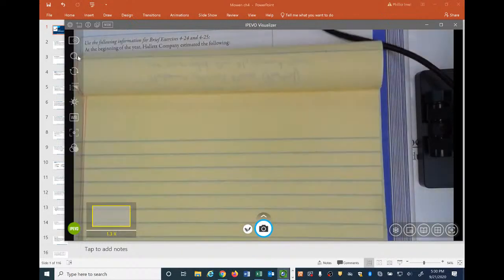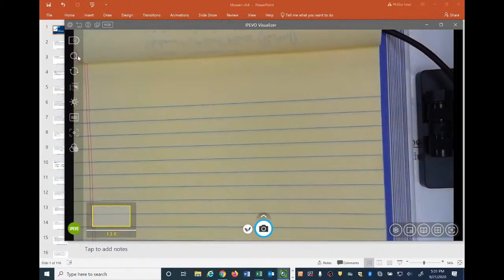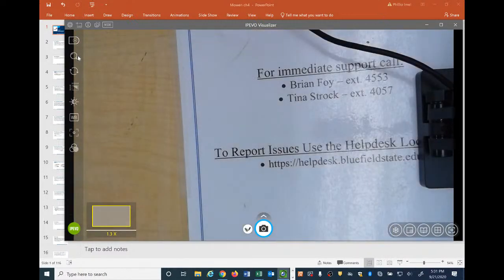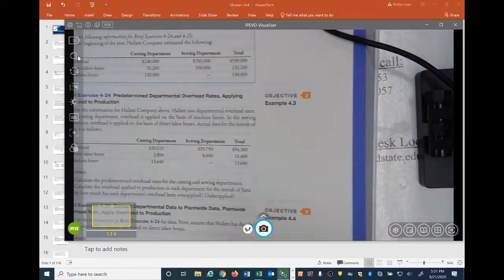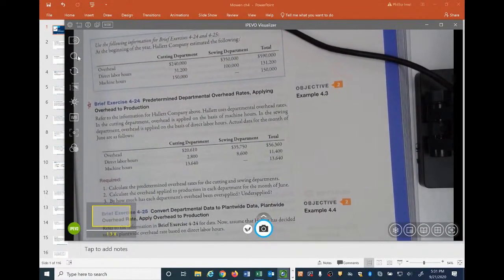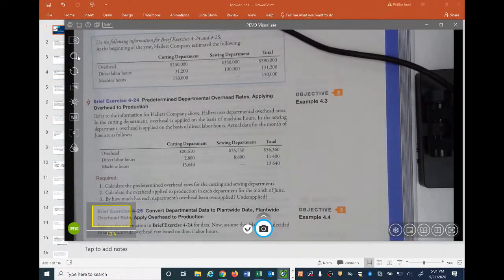Let's see what this looks like. Try to keep it on the same zoom. Okay, so the first thing it's asking us for is calculate the predetermined plant-wide, I'm sorry, wrong one. Calculate the predetermined overhead rates for the cutting and the sewing departments, right?